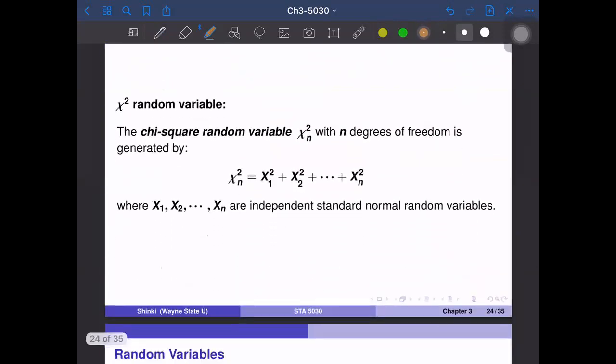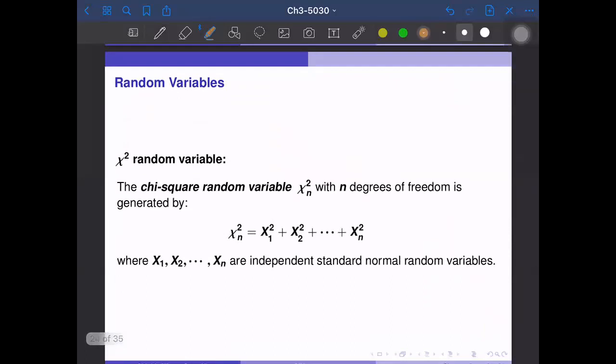Now we go on to the chi-square random variable. What is a chi-square random variable? The chi-square distribution with degrees of freedom n is defined as the sum of squares of standard normal random variables, where x1 to xn are independent standard normal random variables.